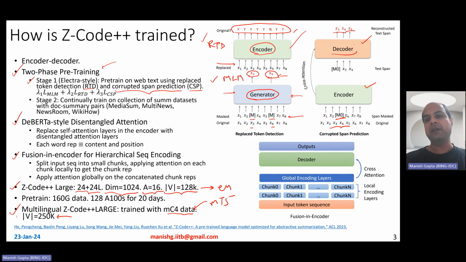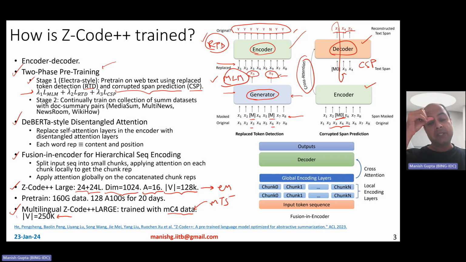In a typical decoder setup, shifted outputs are passed as inputs to the decoder, along with, of course, cross attention from encoder to decoder. Okay. So that's that. Essentially, the first phase in the two-phase pre-training involves three different losses: MLM, RTD, and CSP, the corrupted span prediction. So you try to minimize the three together with some lambda coefficients.